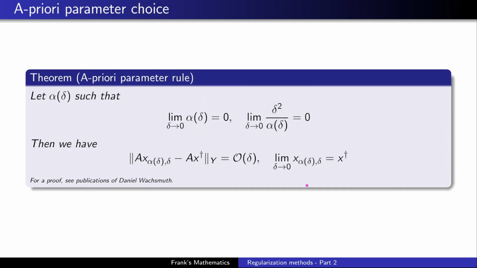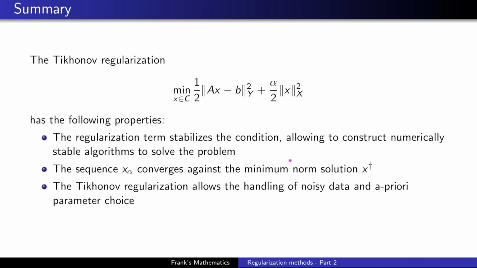Okay, so it's time for a short summary. What properties does the Tikhonov regularization have? First of all, I've shown you that the regularization term stabilizes the condition number. Okay, I've only shown it in the finite dimensional setting.